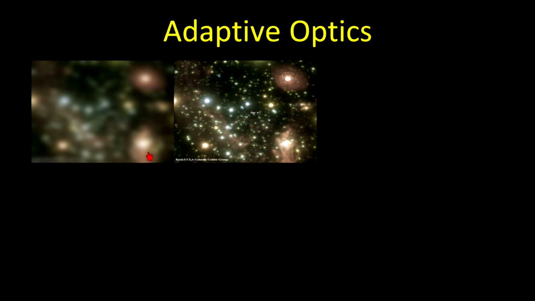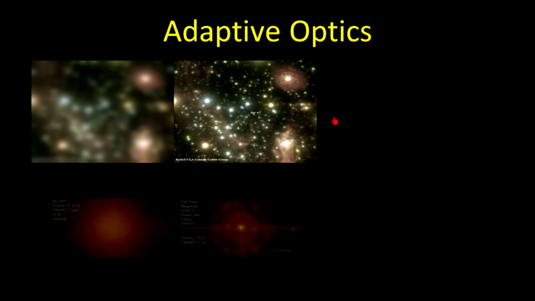So this is the best you would get without it, and notice how very, very clear the image of these stars becomes once the system is turned on. You would have a hard time having any information about the details of these stars right in here. You can't even see them so well, can't see them individually. But with the adaptive optics system turned on, you can see quite a lot of detail. So it's a huge improvement.